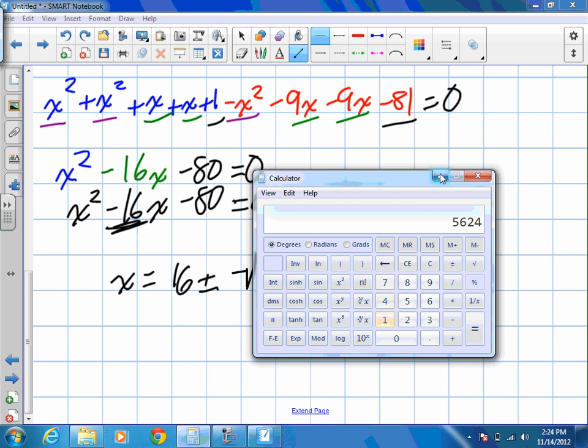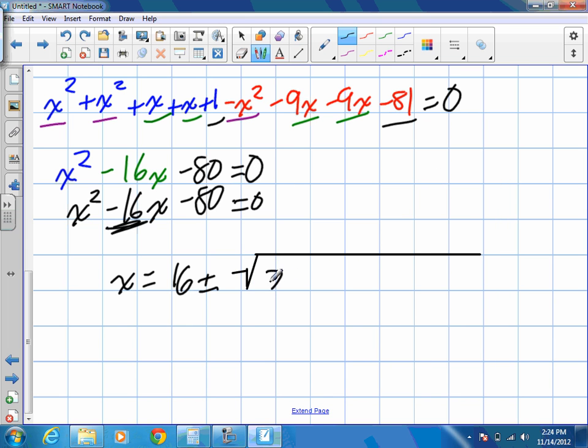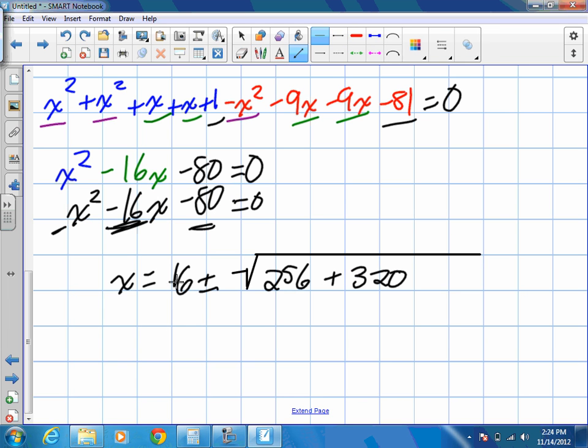Perfect. Now remember, this is minus 4ac. So negative 4 times 1 is negative 4 times c. Negative 4 times negative 80 is positive. Anyone know? 320. Very good. All divided by 2a. What's our a term? 1. So 2 times 1 is 2.